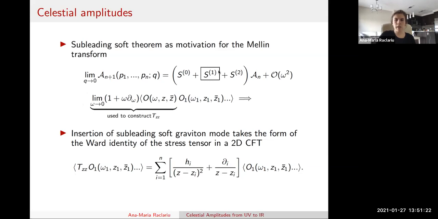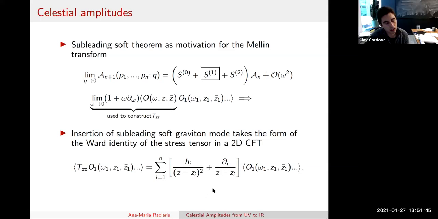The same procedure acting on the subleading soft factor with all of these derivatives and integrating gives the right-hand side, which can be massaged into this form, which is characteristic of the insertion of a stress tensor in a conformal correlator.